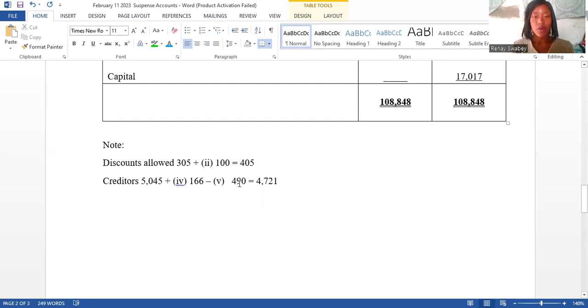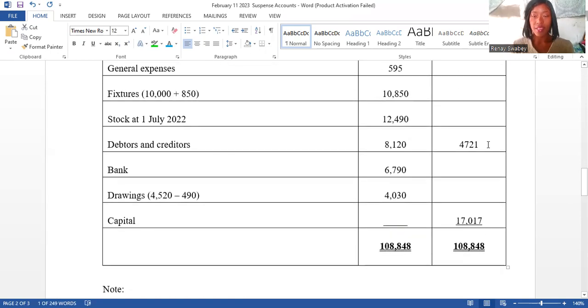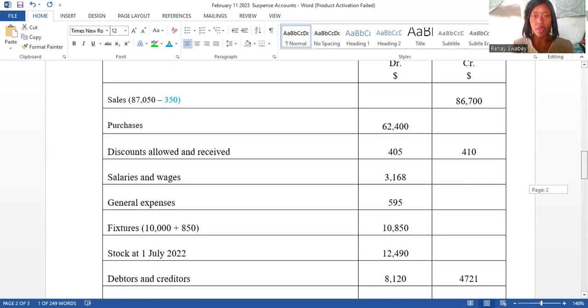Then the figure that was omitted from the creditor's account, we're going to subtract it from the total. So $5,045 plus $166 minus $490 equals $4,721. It is this figure that we're going to put right here, and it will become the new creditor's figure after the adjustments are made.